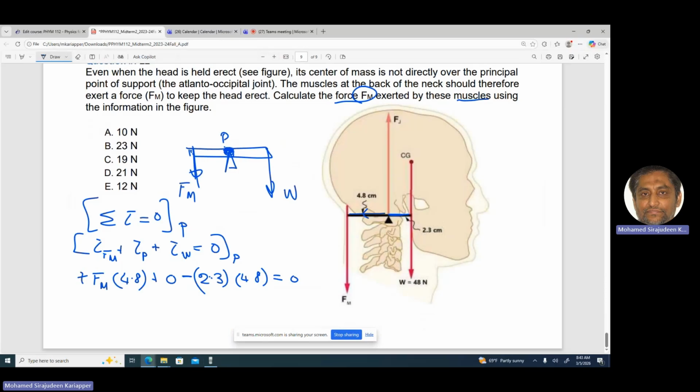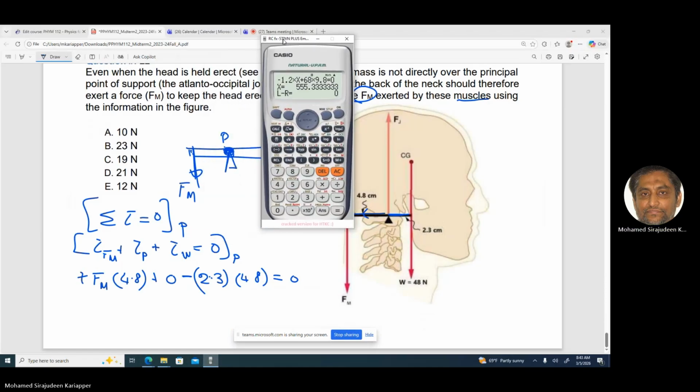Again, a simple equation. We can do the algebra if you want. It's not difficult, but you can use the calculator in solve mode. Somebody tell me the answer. Come on. You want me to do it? Okay.